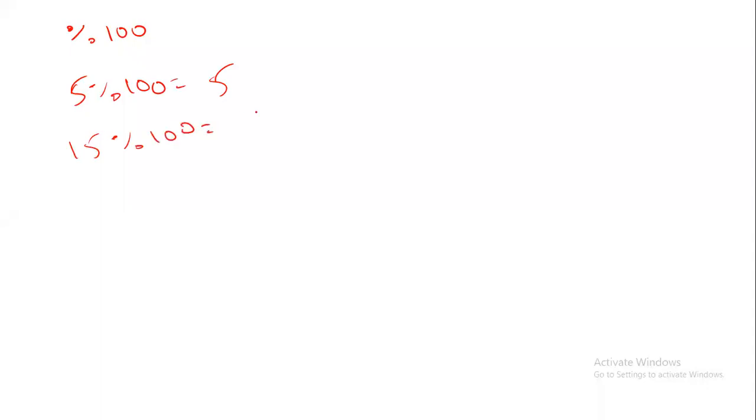The answer is 15 for the same reason. Then what is 120 modulus 100? We have to divide 120 by 100. 100 ones are 100. How much is remaining? 20 more is remaining, so the remainder is 20.